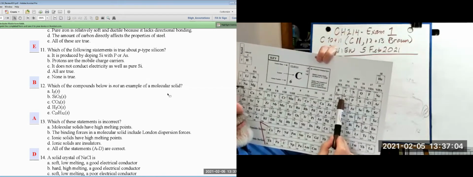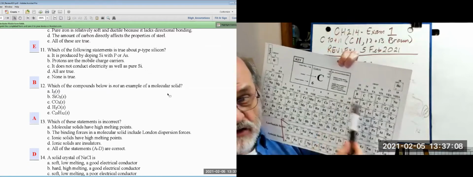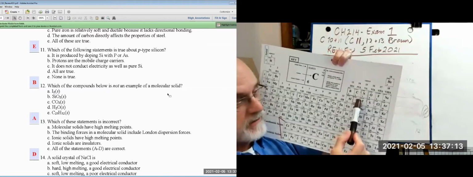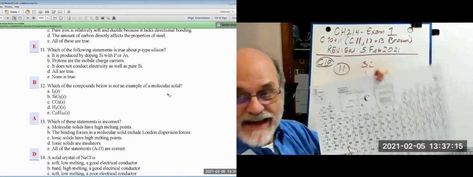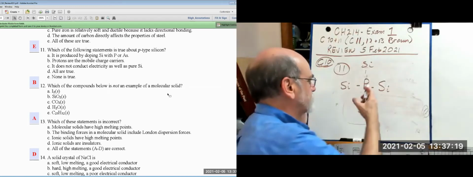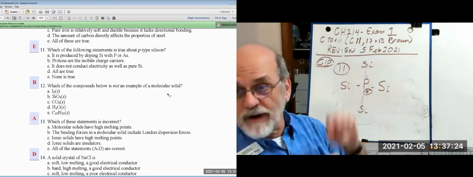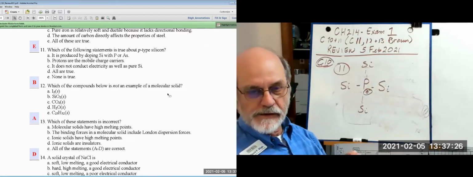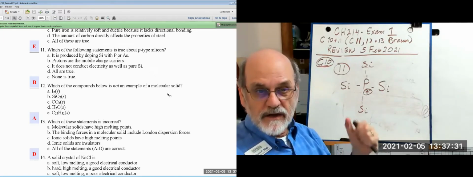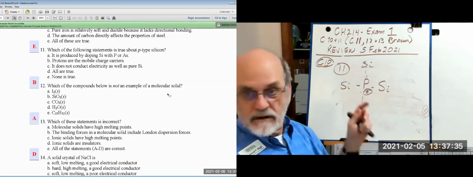If you move to the right, what have you done? You've added an extra electron in the valence shell for that position. So phosphorus has an extra electron that can be moved around. So that means it provides a negative charge carrier.